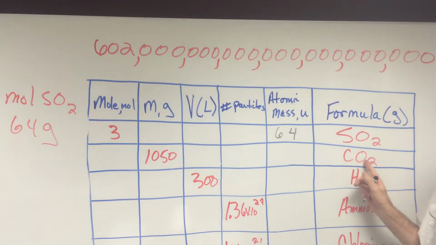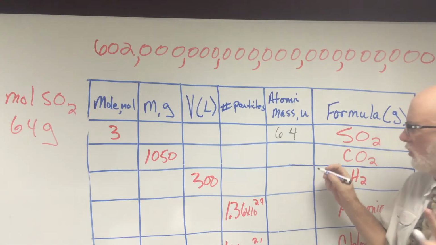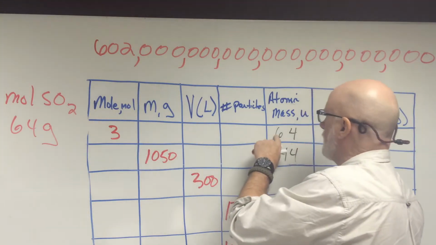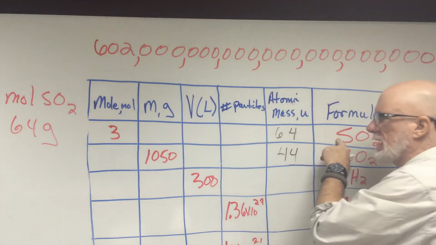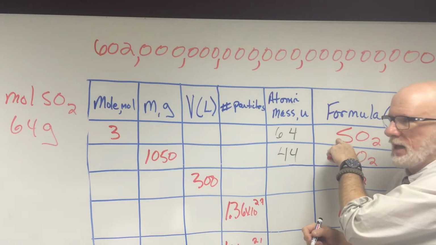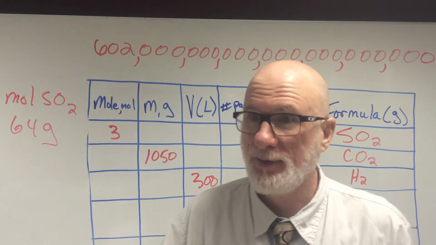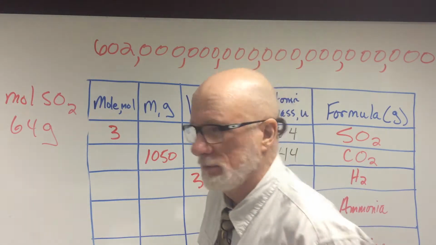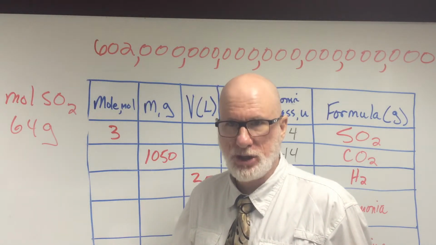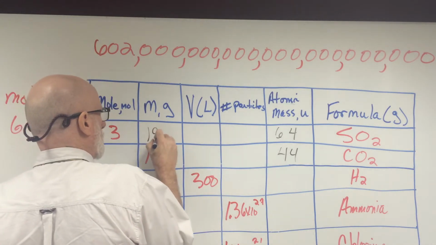Carbon dioxide. What's the molecular weight of carbon dioxide? 44. Okay. Well, here's 3 moles. 3 moles of sulfur dioxide would be what? 64 times 3 would be what? 192.